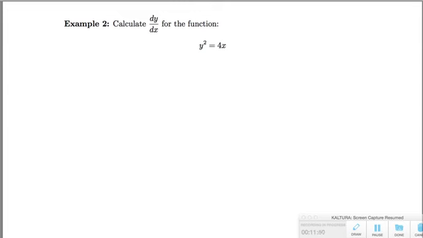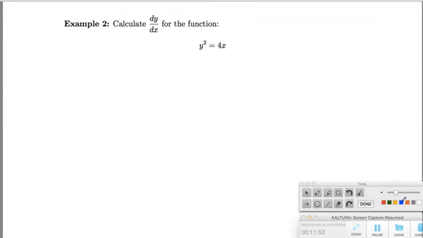Next example, we need to find the derivative of the function y squared equals 4x. So same problem, can't solve for y without making a mess, so y squared equals 4x. The technique for implicit differentiation, take the derivative with respect to x on both sides.